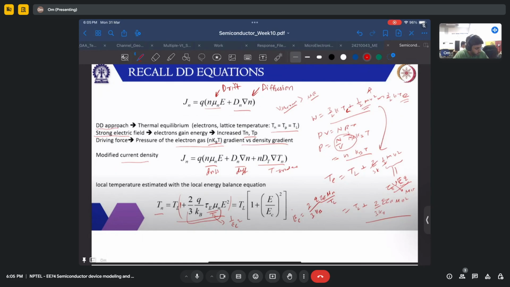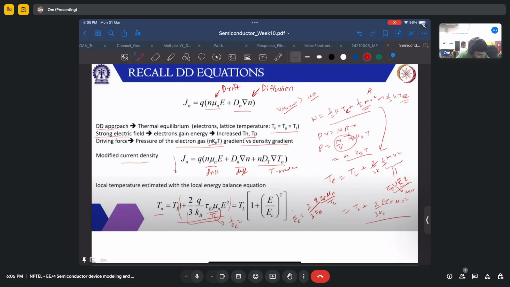Okay, so if you see in this equation, drift diffusion is defined in thermal equilibrium, and thermal equilibrium means the temperature of lattice is equal to temperature of electrons equals to temperature of holes.